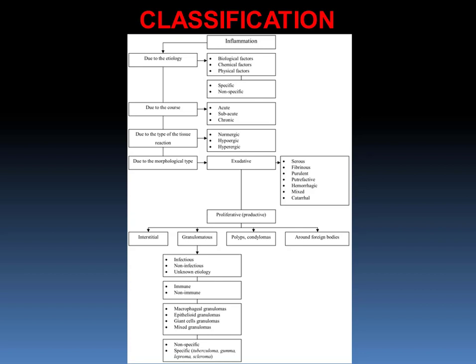The second classification is according to etiology. Inflammation can be specific and non-specific. Specific inflammation is caused by certain factors that have characteristic morphological features. For example, Mycobacterium tuberculosis, bacteria which cause tuberculosis, have a specific morphological picture with development of typical granulomas, about which we will discuss later.